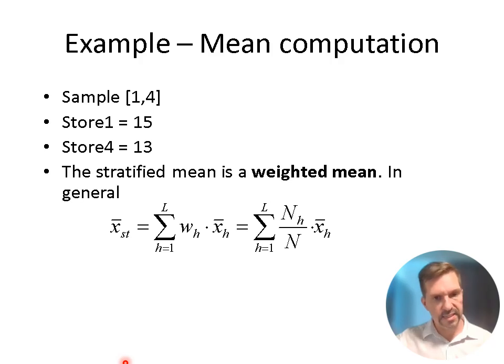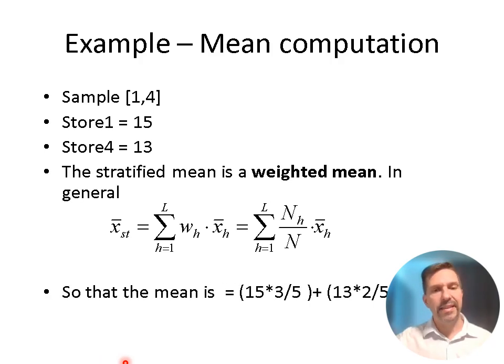Good. So like I said, it's a weighted mean. In this case, if we collect store 1 and store 2, remember their sales were 15 and 13. Instead of computing the straight average between these two, which would be 14, 15 plus 13 divided by 2, we're going to use weights for computing the average. And those weights are going to be reflective of how likely we are to observe a large store, which store 1 is, versus a small store. Store 4 is a small store.